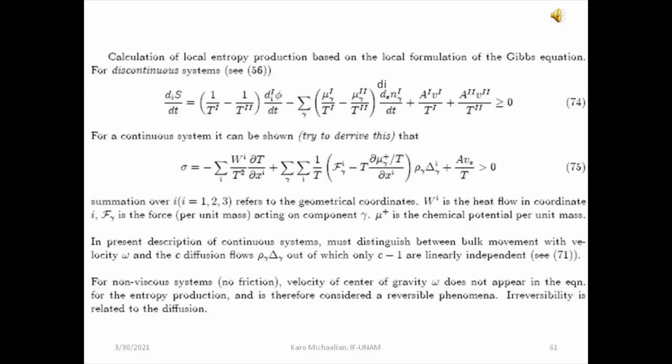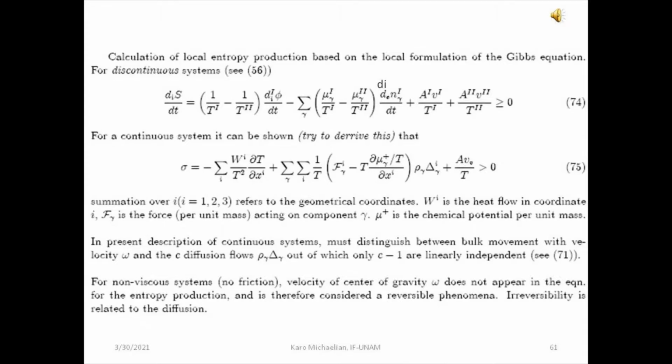For example, an electrical potential, which would provide a force if the components were charged in the system. And this minus T times the partial of mu. Now here mu plus, with this superscript plus, is the chemical potential per unit mass, because now we are looking at the regional volume, so we have to do it per unit mass, over the temperature with respect to partial x, y, and z.